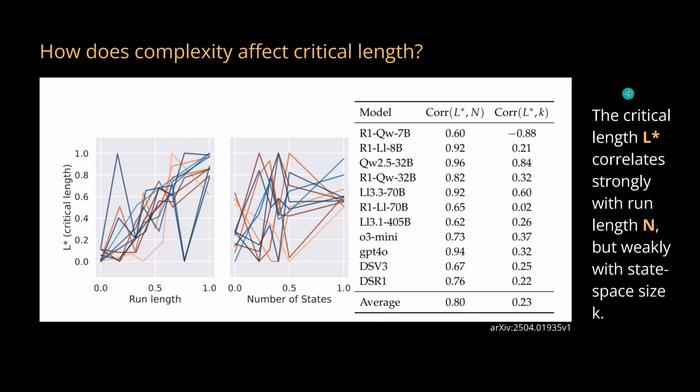And you might say, but this is an indirect argument, no? Because this is just a correlation between the run length and the critical length. But the critical length does not tell us 100% that it has to be the right answer. It just tells us it has the right critical length. But we have to fact check that answer. Because, just a simple example, I can say the result is 42.